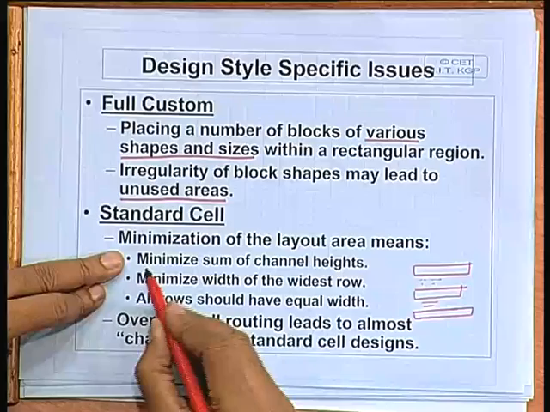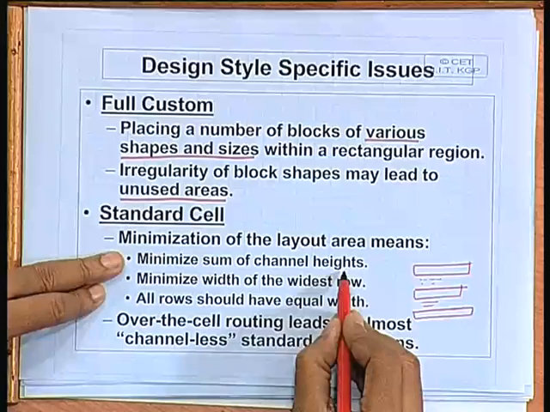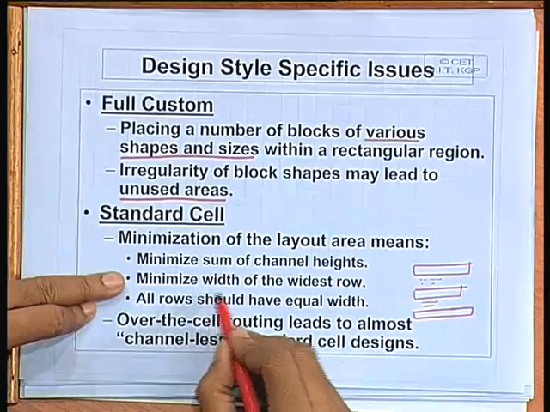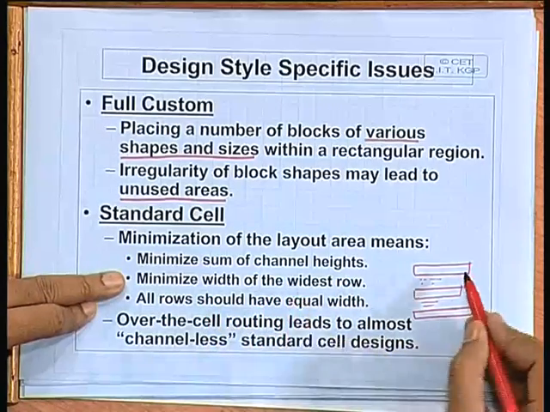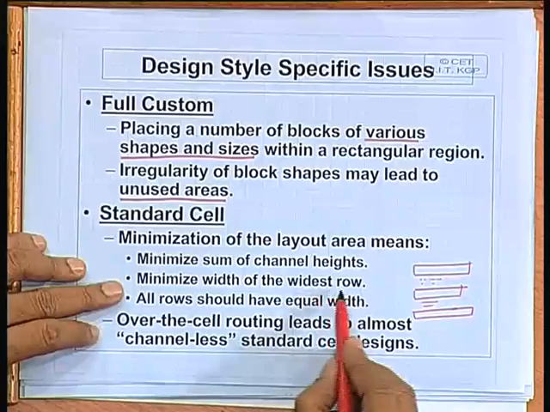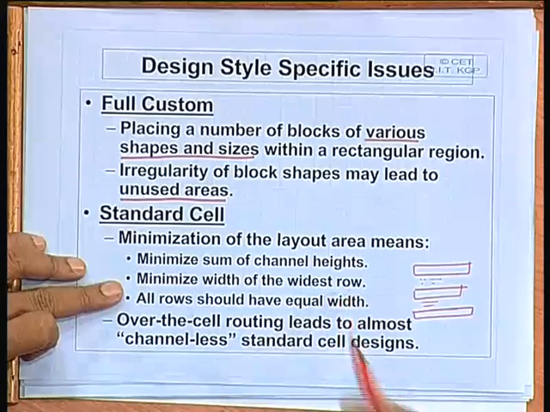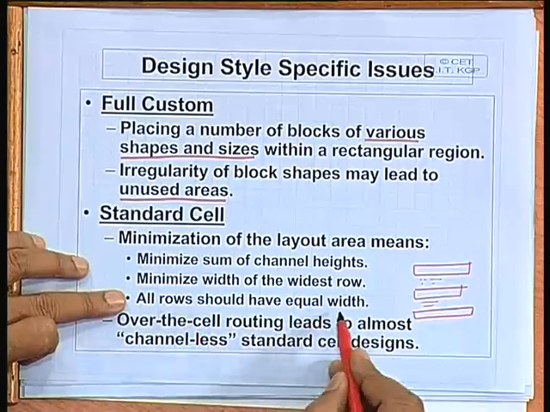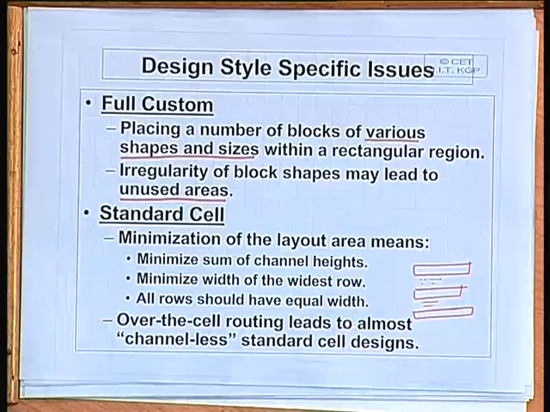So, a good placement will be minimizing the sum of the channel heights. Moreover, a placement where some row is small in terms of width, some row is wider, that is not a very good way of filling up the rows. Well, in the ideal case, all rows should be of equal width. Minimize the width of the widest row, that is one objective. So, all rows should have equal width, this is a desirable objective.